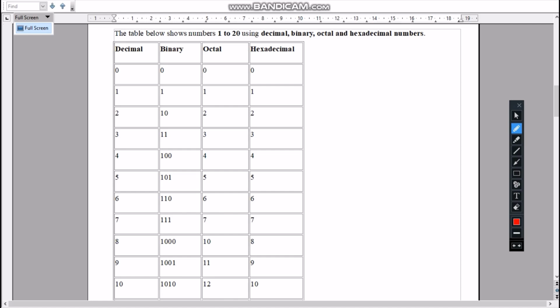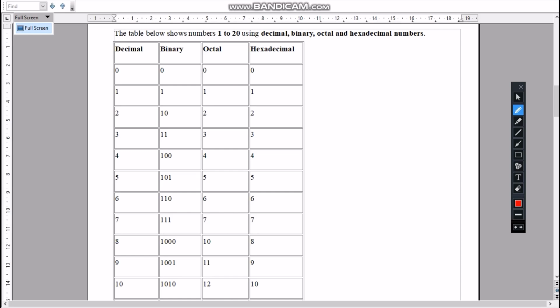The table below shows numbers 1 to 20 using decimal, binary, octal and hexadecimal numbers. Now here, suppose the number is 0 in decimal, then its binary equivalent is 0, octal equivalent is also 0 and hexadecimal equivalent is also 0.